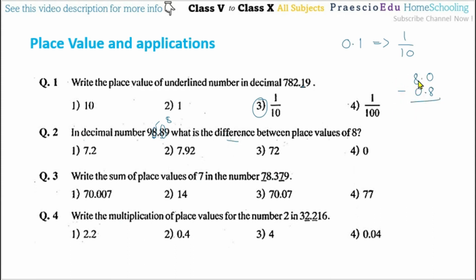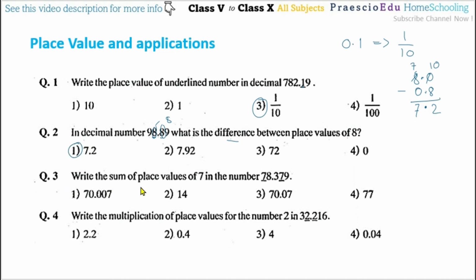So 8.0 minus 0.8. Now the decimal point we will keep as it is. So 80 minus 8 we can say. So 0 minus 8 is possible? No. So here 10 can be borrowed from here, so it will reduce to 7. So 10 minus 8 is 2, and 7 minus 0 is 7, means 7.2. 7.2 is in option number 1.